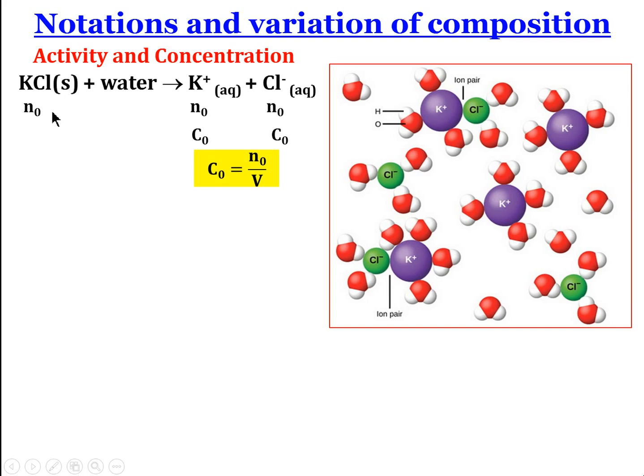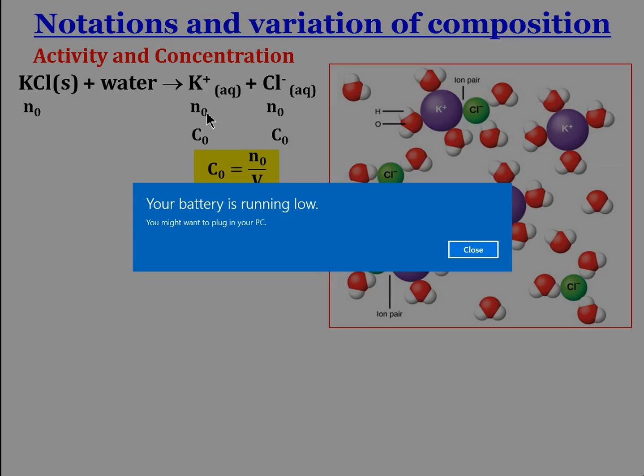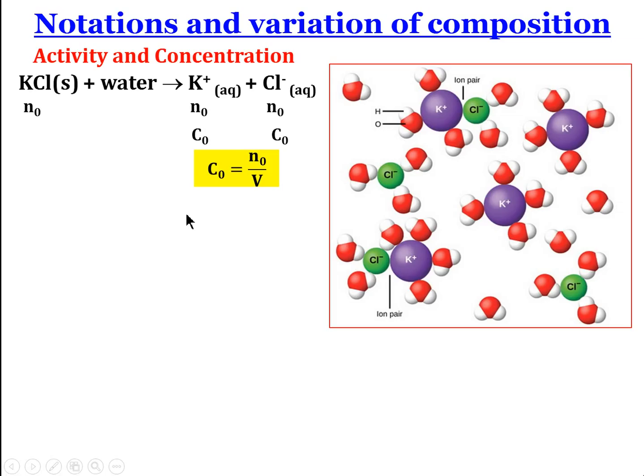So if we start with n0, the initial number of moles of KCl, we obtain n0 moles of K+ and n0 moles of Cl-, and the volume is V total, so the concentration of K+ and Cl- is equal to C0 = n0 divided by V total. This is at the macroscopic scale.